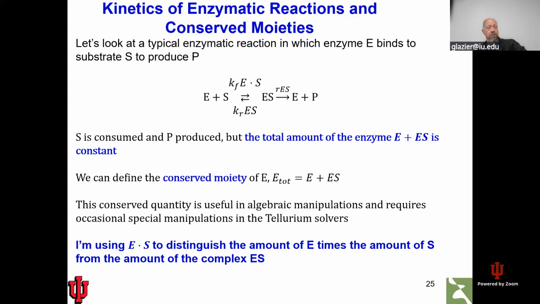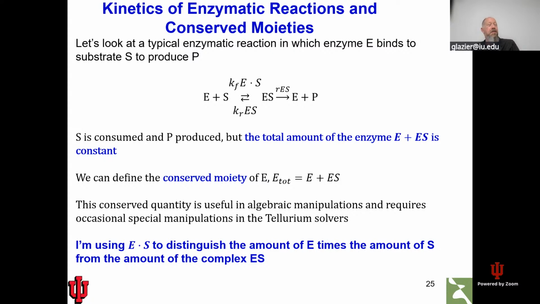And so in the numeric solvers, the implicit solvers that Herbert used to use, if you didn't tell it explicitly to look out for conserved moieties, it would diverge. These days, that's turned on automatically, but you may see some of my older code where it says moiety conservation equals true to make sure that you use the solvers that check for these kinds of divergences.